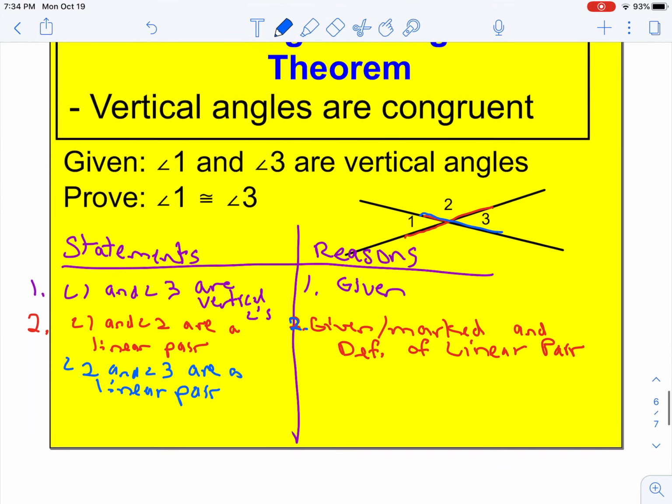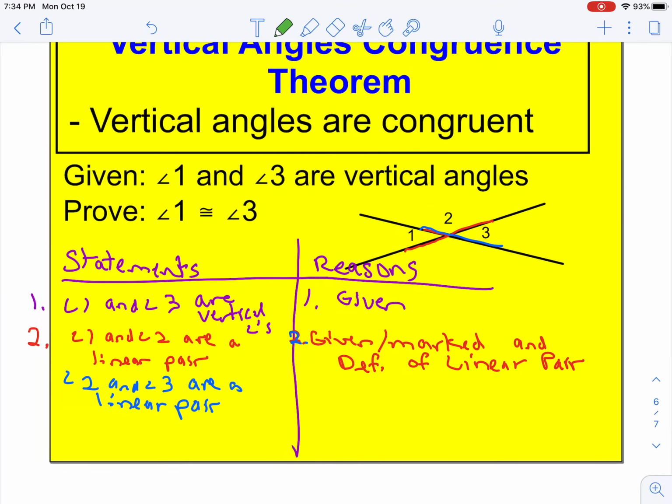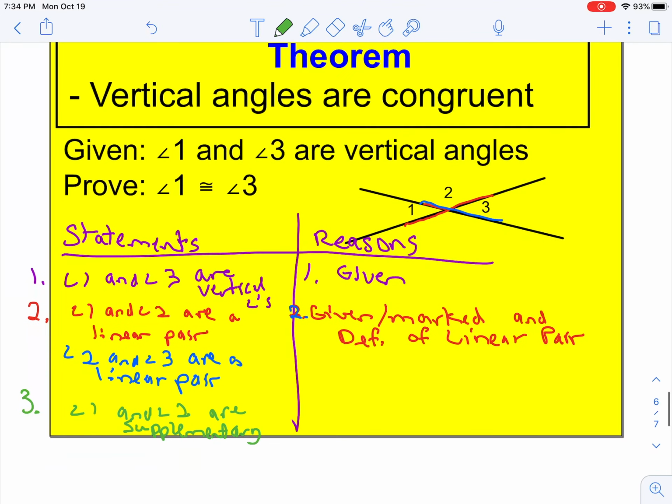So we can go back here now and say that angle 1 and angle 2 are supplementary, and so are angle 2 and angle 3. And we just scrolled back to see the reason we can say that is because of the linear pair postulate.